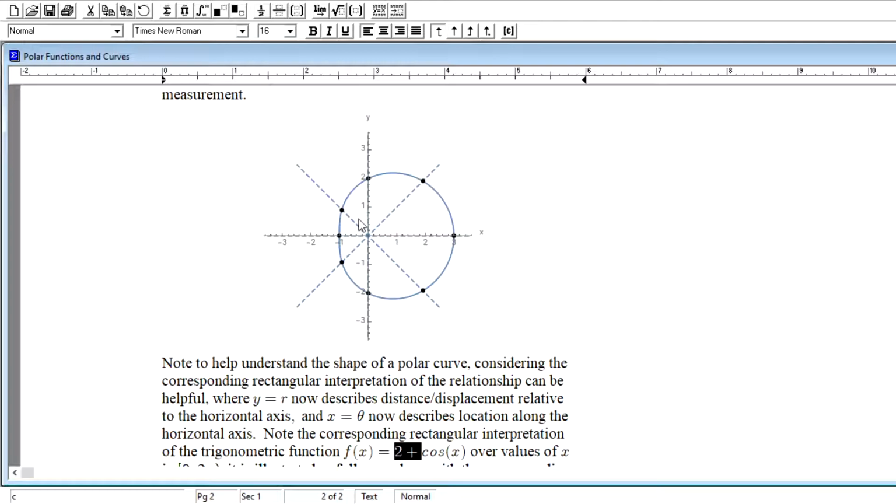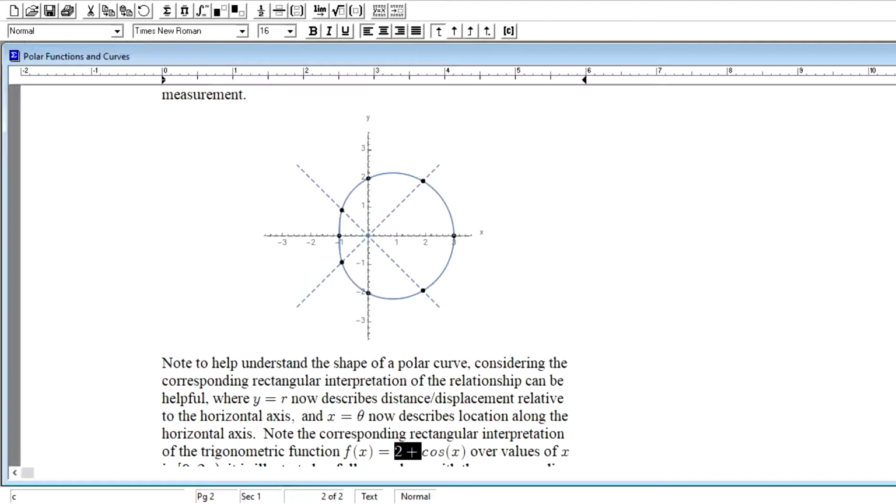Our distance away, starting at 3 and decreasing as we cycle around to pi, at a closest distance of 1 unit away occurring at pi, then grows from 1 unit away back to 3 units away in a very symmetrical description relative to what we saw in the upper half of this polar curve.